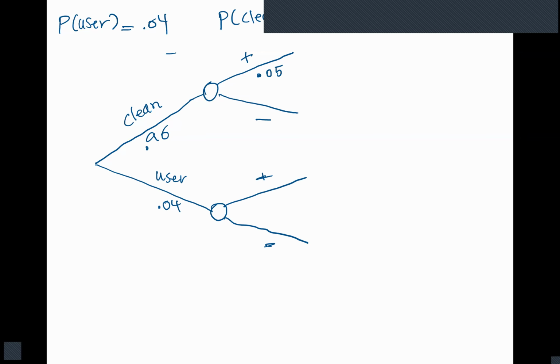And with a probability of 95%, the test is negative and they're not using any drugs. For the users, there is a 90% chance that they're going to test positive, which is correct, and a 10% chance that they're going to test negative. Similar to before, we can multiply these values to find our joint probabilities.